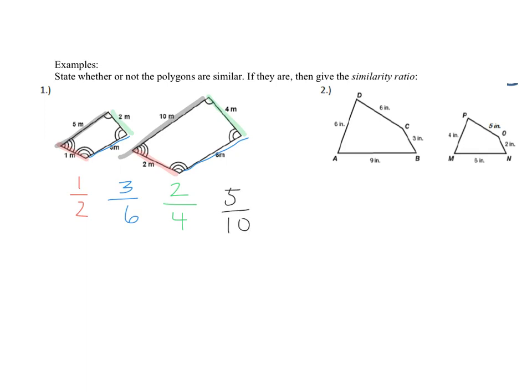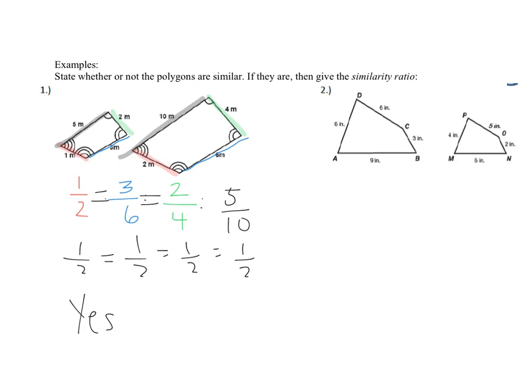So since all of these reduce to 1/2, that means that these are all proportional. The two shapes' corresponding sides are proportional because they all have the same ratio. We also can see that there are 4 congruent angles. So all the angles in one polygon are congruent to all of the angles in the other polygon. So yes, these are similar.